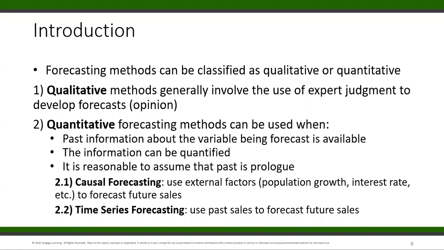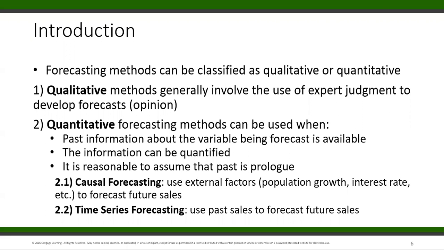In qualitative methods, usually the person tries to find a similarity between the current situation and a past situation, remembers what happened back then, and based on what he or she remembers from the past, just tries to come up with a forecast. So that's one way the qualitative method works.